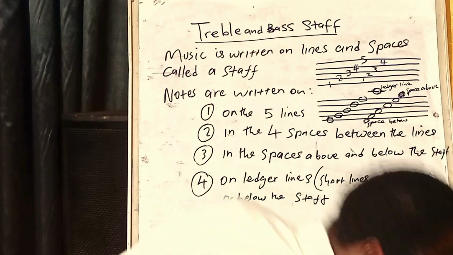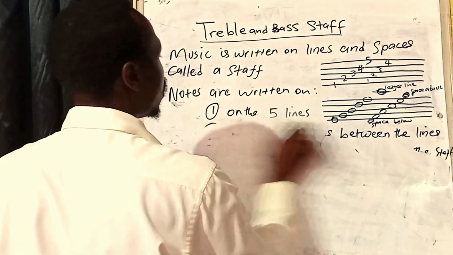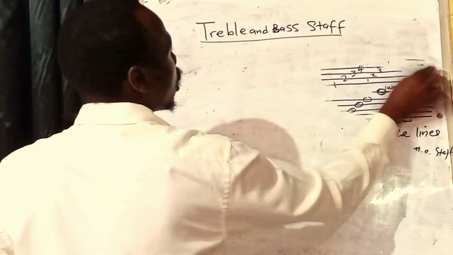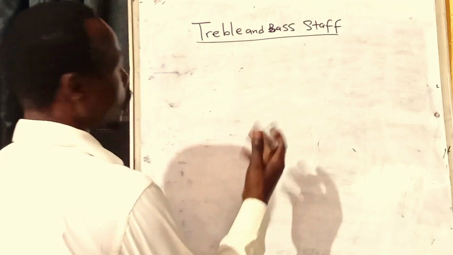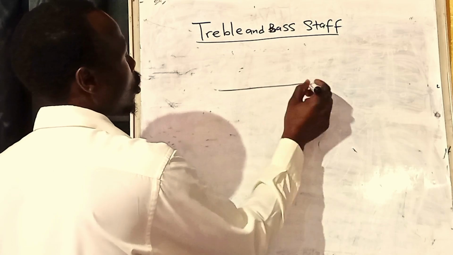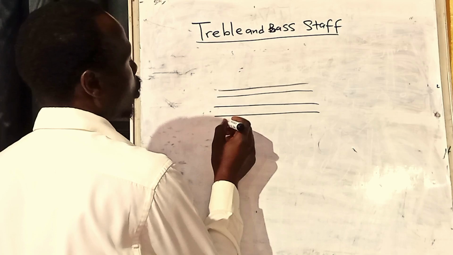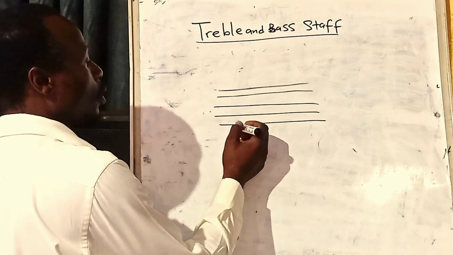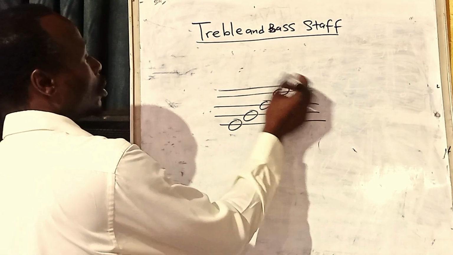So let me show you that properly, how a ledger line looks. You draw your 5 lines, and you draw your whole notes on the lines.